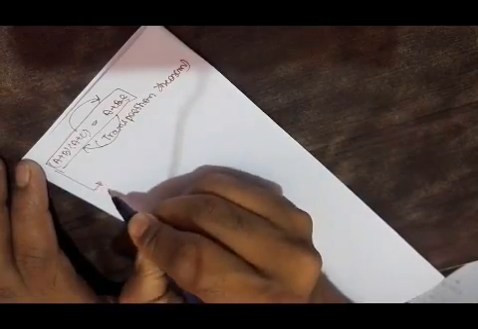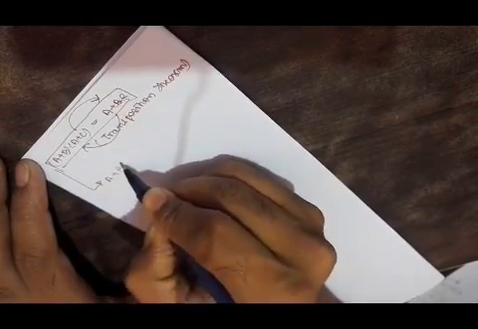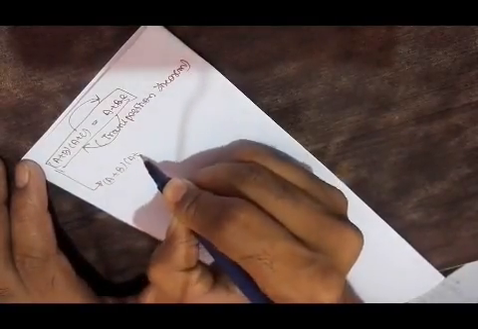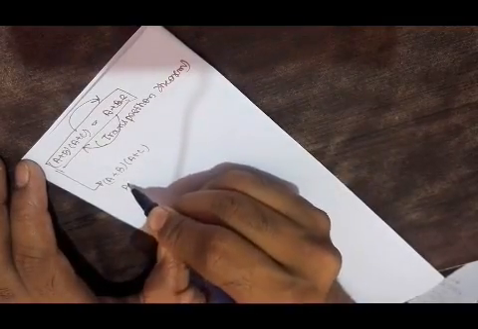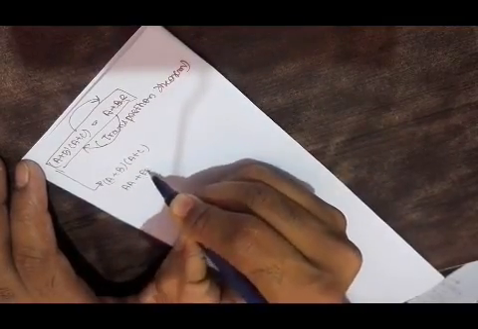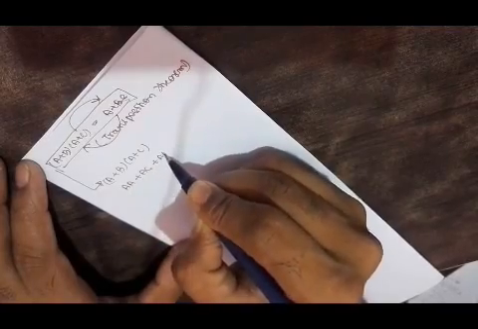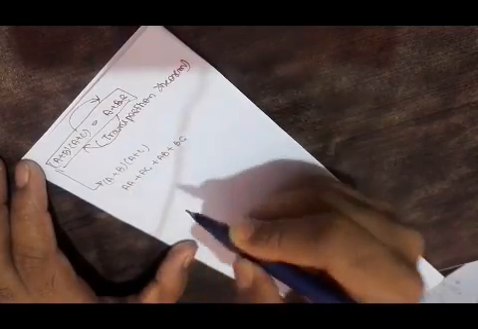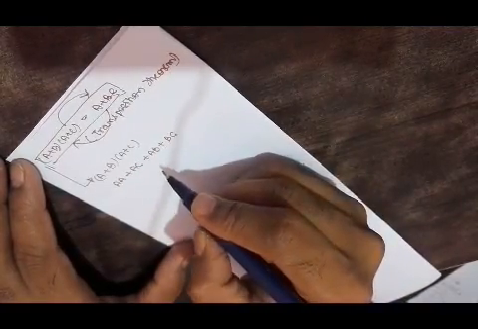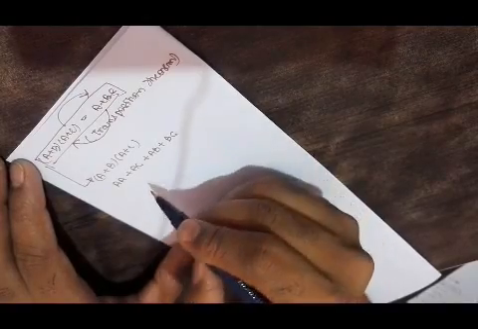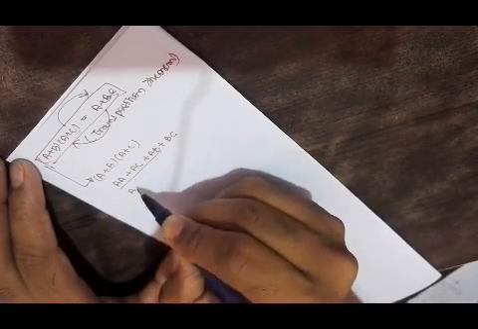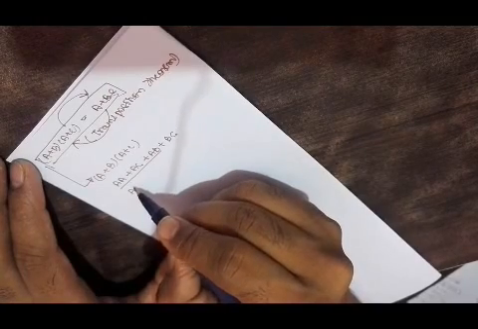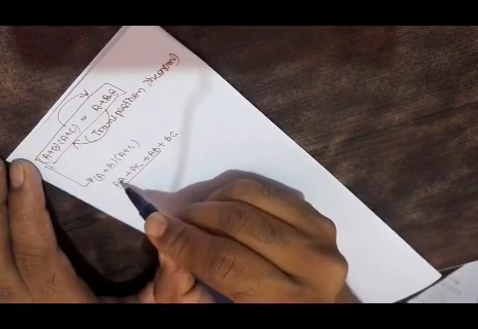So let's expand (A + B)(A + C). I don't know anything, so I have only one option over here. Let's expand it: A·A + AC + AB + BC, right? So if I take A common from here, what will I get? A·A is what?